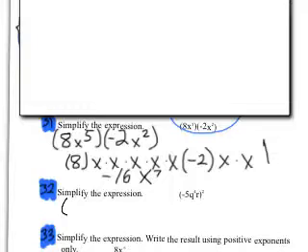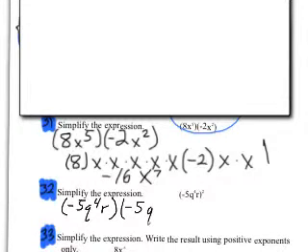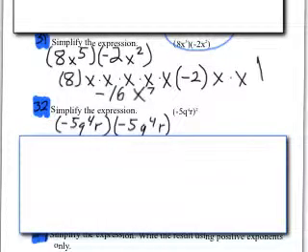So we get negative 5 q to the 4th r times negative 5 q to the 4th r. The rule is that you would multiply that exponent, the 2, times everything inside each. But you can also just factor everything out like I did before.